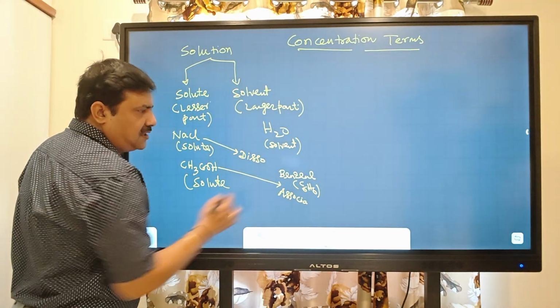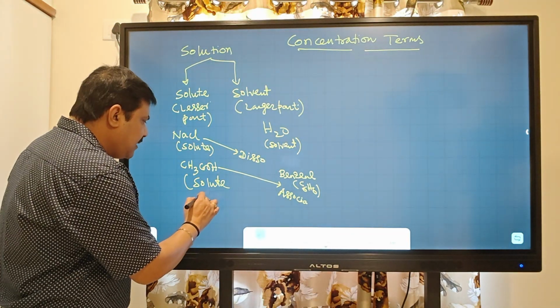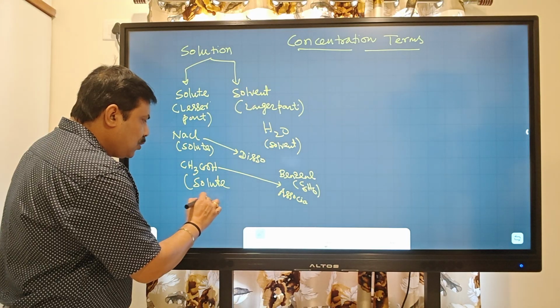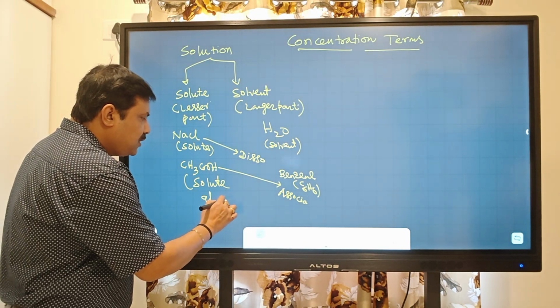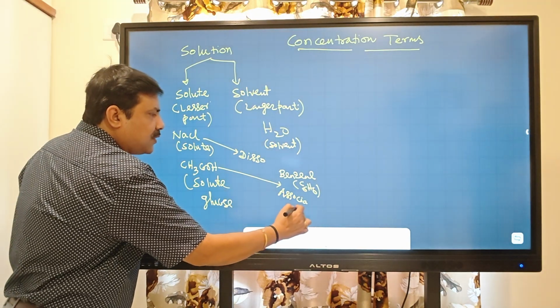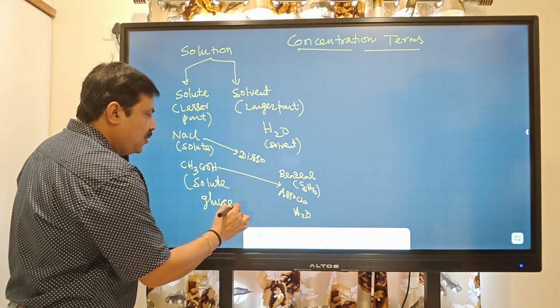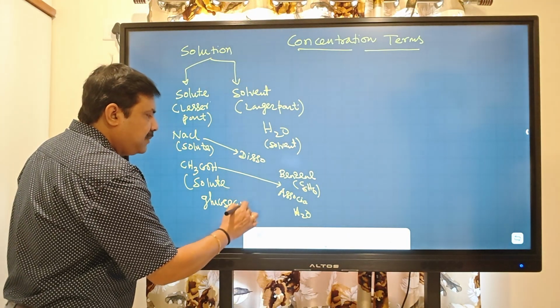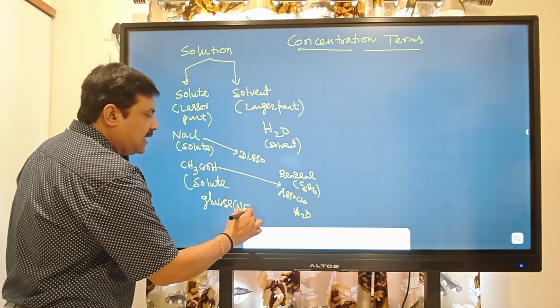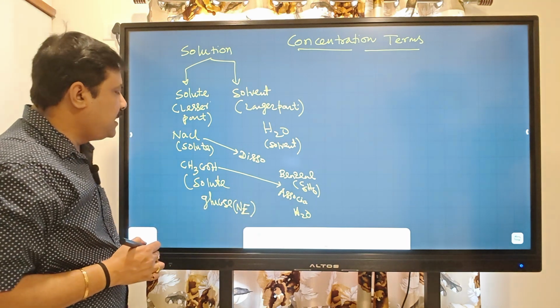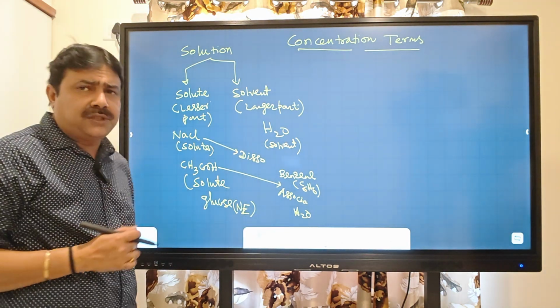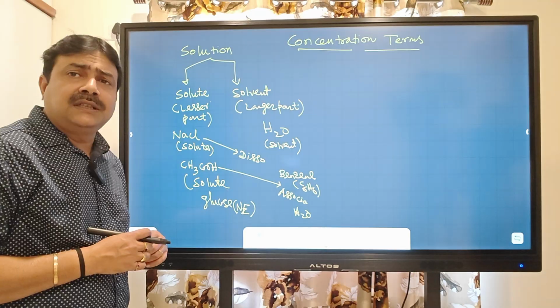This is dissociation, this is association. Whereas if I take glucose as the solute and the solvent is water, this is a non-electrolyte. That means it will not undergo dissociation and will not undergo association.